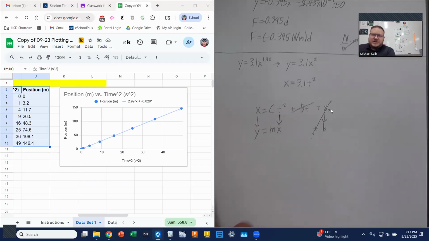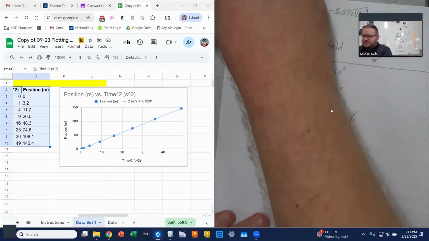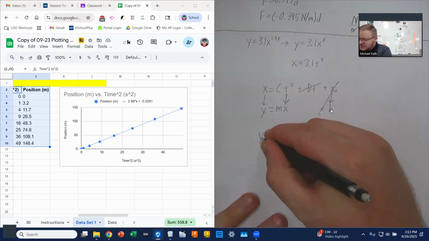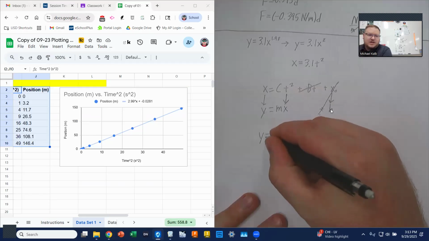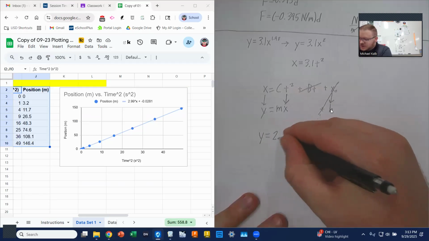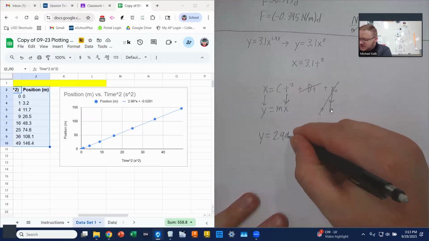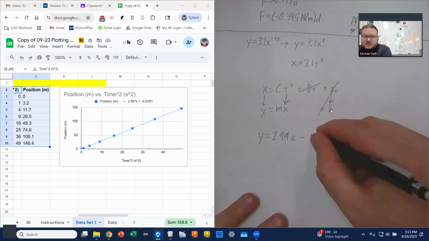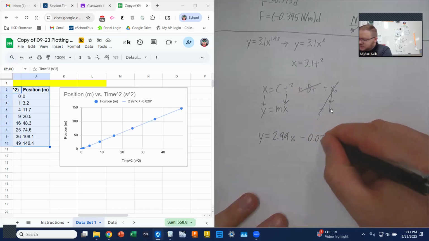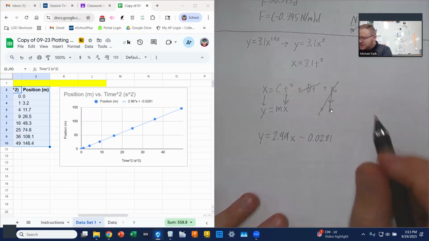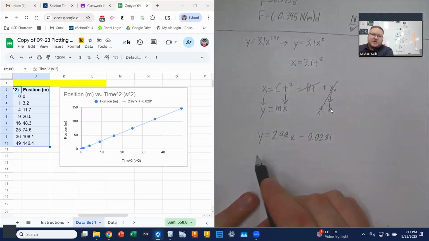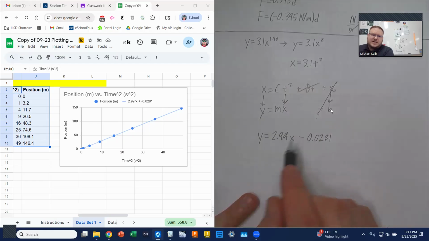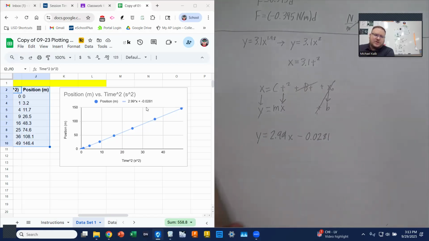So Google Sheets gives us the equation: y equals 2.99x minus 0.0281. But we've got to remember, just because these are the variables it gives us, that doesn't mean that's what's actually going on.